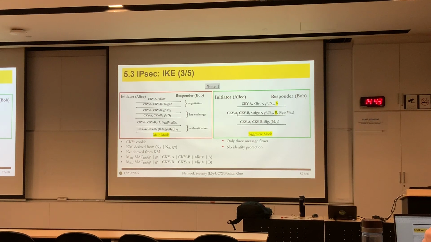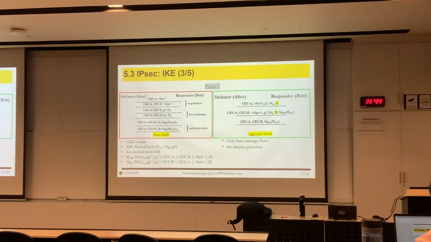One party sends g to the power x, the other generates g to the power y, and there are also other elements. This picture is somehow similar, sending g^x and g^y. The main difference is, I think, here. So we can see there are some limitations. CKY is the cookie, that's not important for you to understand.